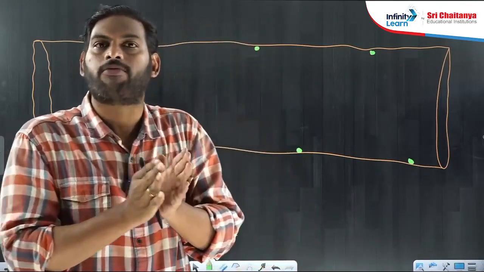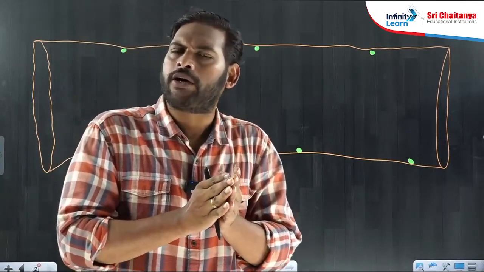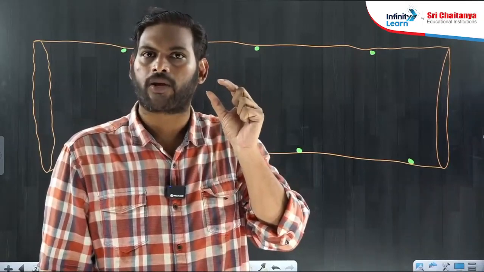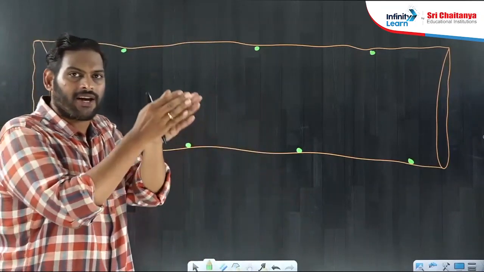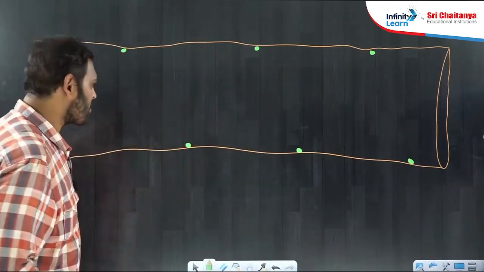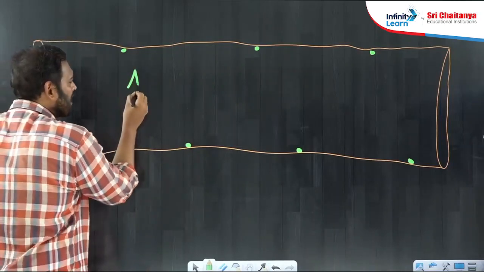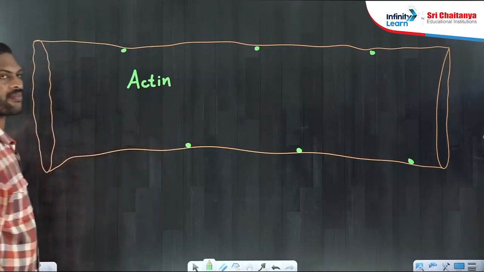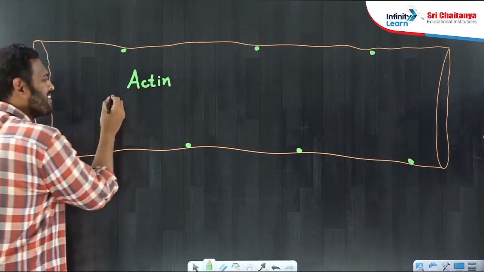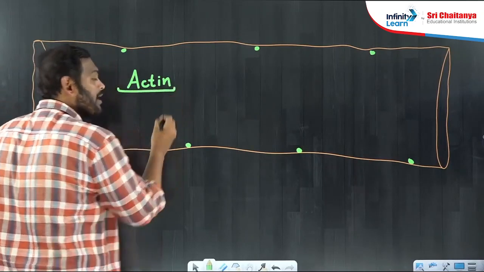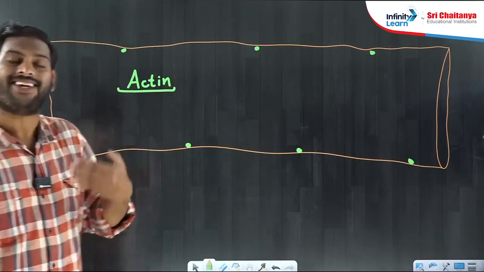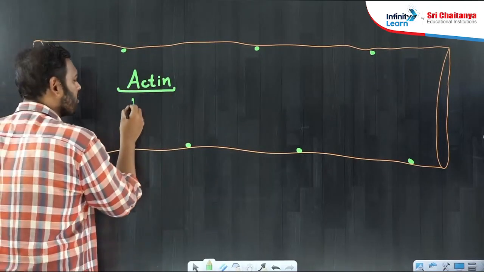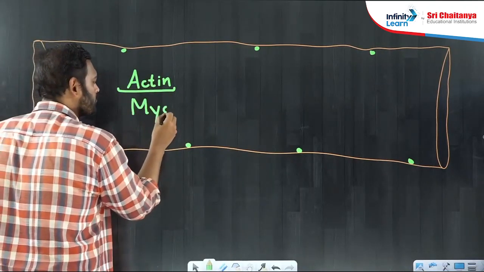These contractile proteins, one looks very thin, one looks very thick. The thin contractile protein was called actin. Actin is the thin contractile protein, whereas the thick contractile protein which helps in contraction was myosin.